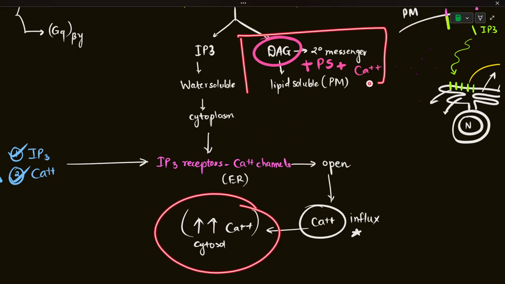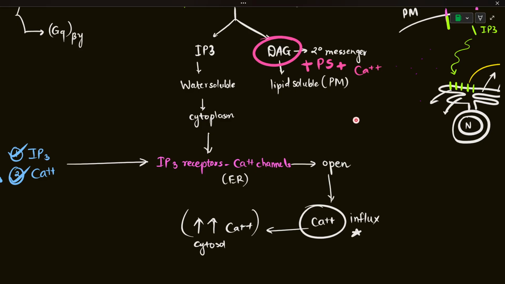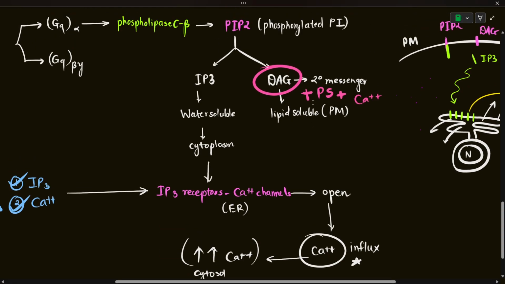All those three are going to show some downstream effects, which again are not the point of focus of this discussion, but I will point this out in some other lectures in the future series. At that point of time you should remember, right? So DAG also has some downstream effects, as well as IP3, and that is the increase in the level of calcium ions. Okay, so let's now just summarize the whole discussion.